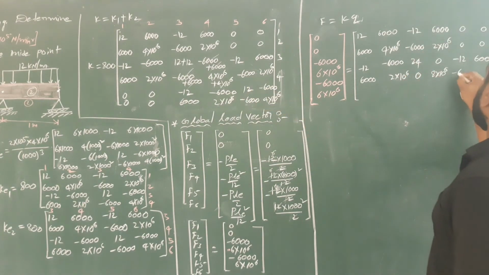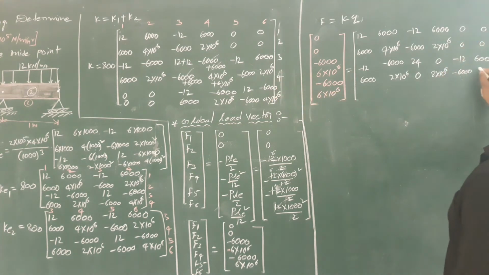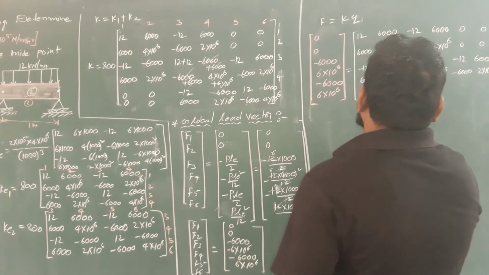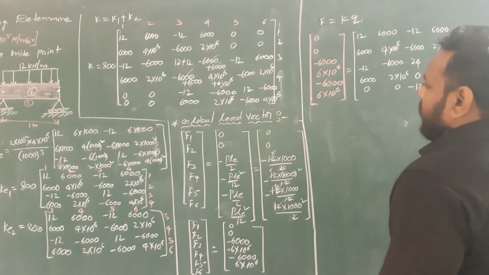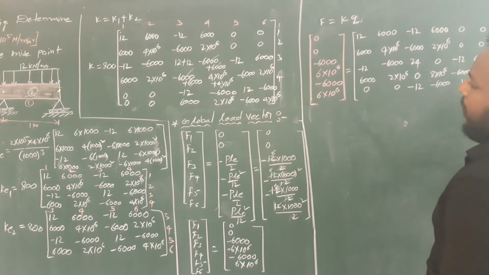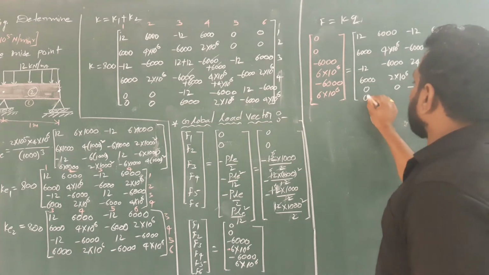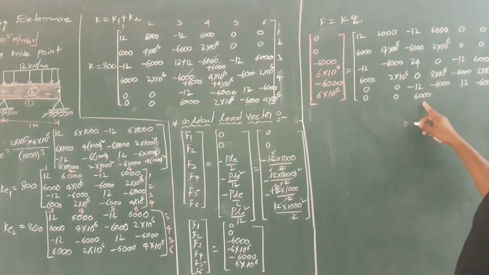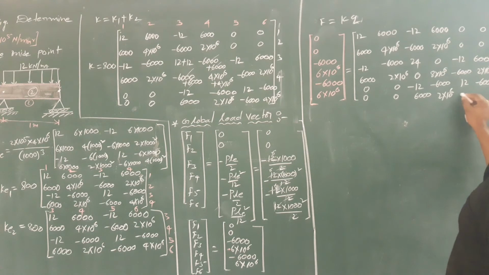Here 6000 minus 6000, and here 2 into 10 to the power of 6, 2 into 10 to the power of 6, and here 0, and here also 0, this is 0, this is also 0, and this is minus 6000, here minus 6000 and 12, next 6000 and 2 into 10 to the power of 6, and here minus 6000 and here 4 into 10 to the power of 6. So this is the final matrix.